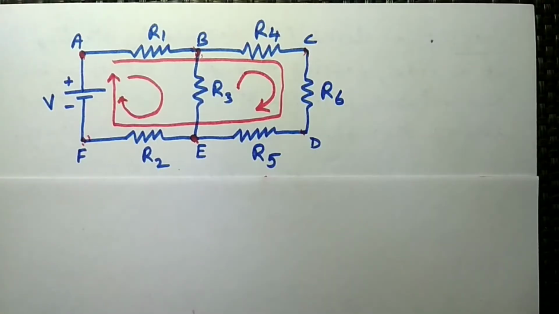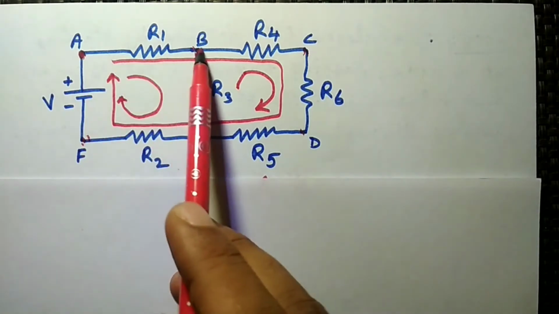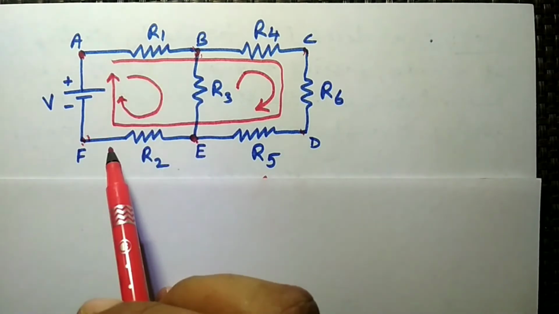Let's consider this circuit, and we will explain all the definitions by using it. The first one is the loop. A loop is a closed path of a circuit. If we consider this circuit, here we have a total of three loops. The first closed path is A, B, E, F and A, so it is one loop.